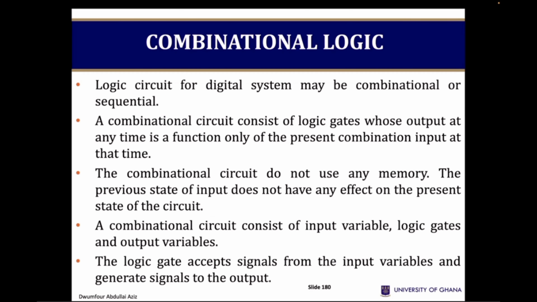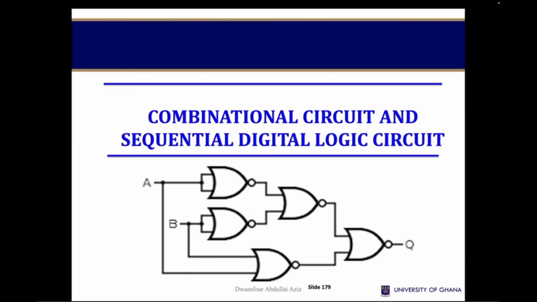So simply put, combinational and sequential logic are both types of logic design approaches in digital logic design. Anytime we have a problem, we need to be able to tell if that problem requires a combinational logic to solve it or a sequential logic to solve it.